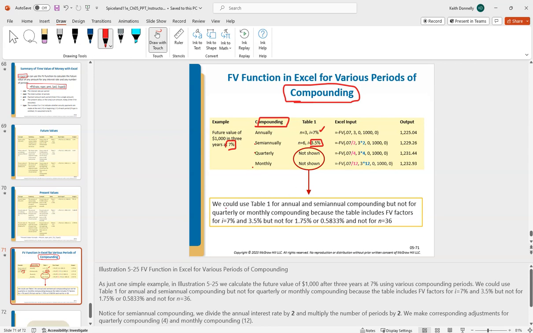The problem becomes, what it says here, we could use the table for annual and semi-annual. You're not going to be able to use the time value of money tables for the latter because when you calculate it, you get 1.75% and so on. The time value of money tables don't have every single factor on there.